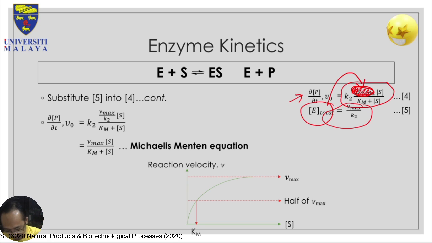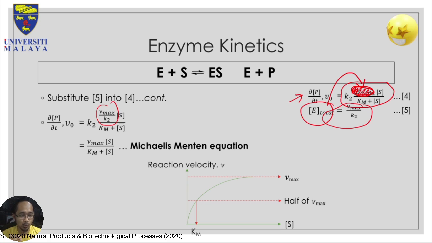That's very interesting about mathematics and how Michaelis-Menten derived this equation. So now we have V naught equals the rate constant K2 times Vmax over K2, times the substrate concentration S, divided by Km, the Michaelis constant, plus S, which is the S concentration.